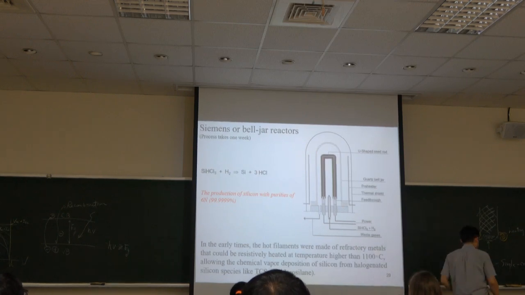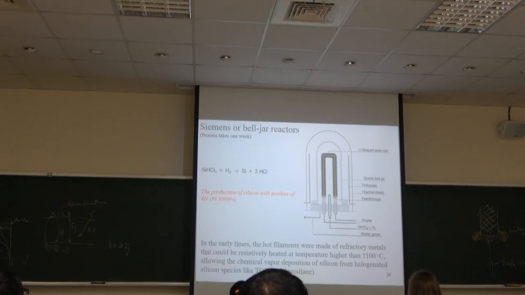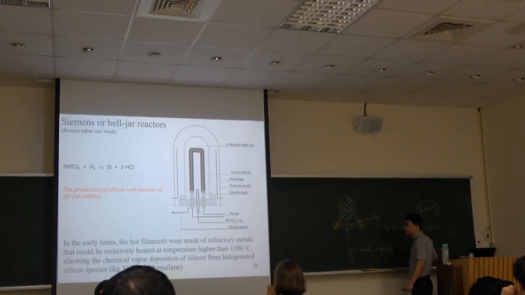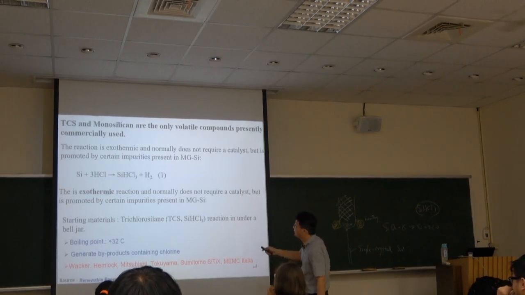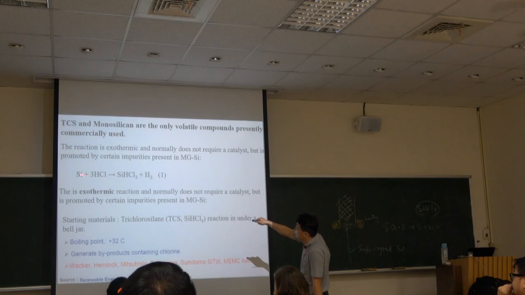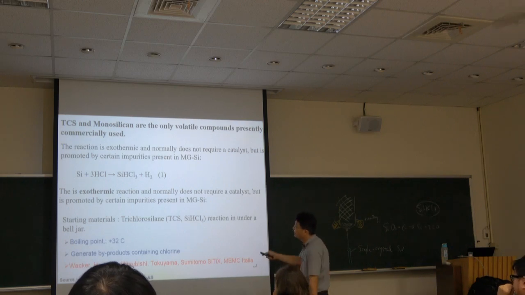Now we have to use SiHCl3. So how to produce SiHCl3? You take polycrystal silicon, for example 99% or 98%, and then you drop it into HCl, and you will produce SiHCl3.